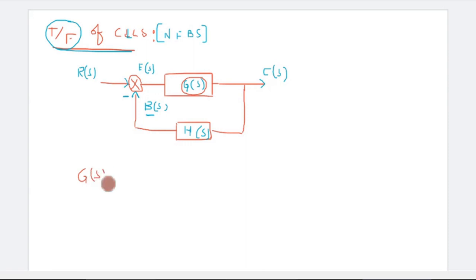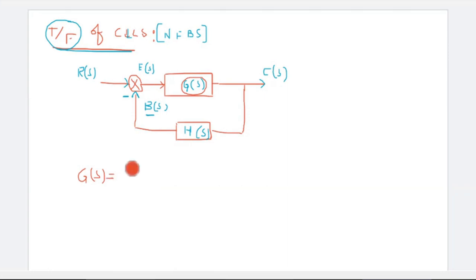This is the block which has output C of S and input E of S. G of S is given as output to input.